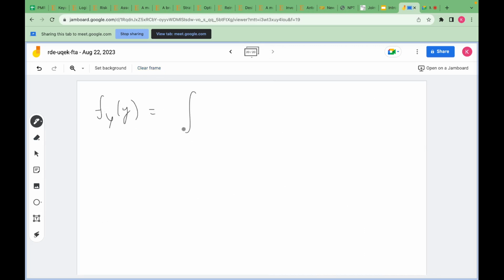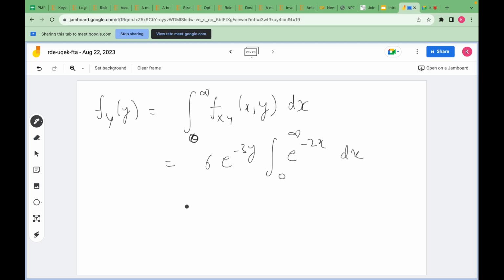Similarly, fy will be fxy integrated with respect to x over whole x, which is varying from 0 to infinity. Similarly, for this we will bring these two quantities out and integrate from 0 to infinity. This will come out to be 3 e to the power minus 3y. Now we can see this fxy is 6 e to the power minus (2x plus 3y).